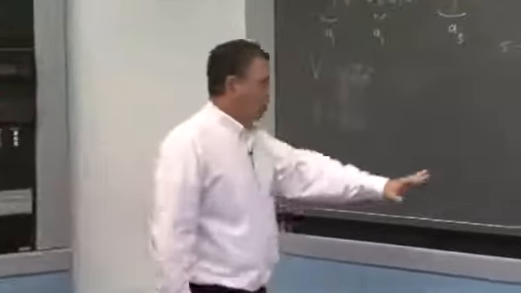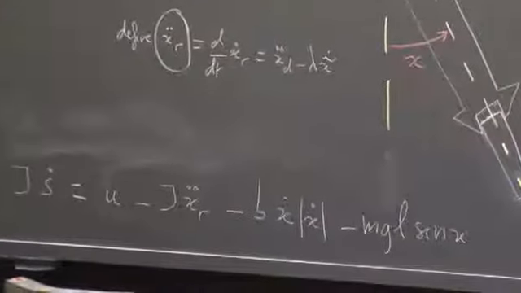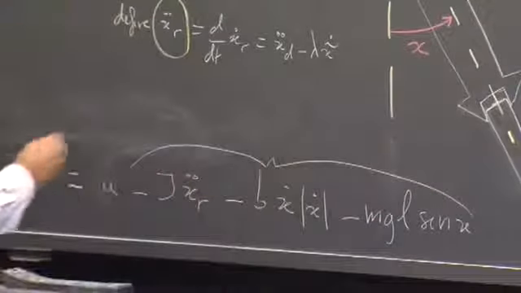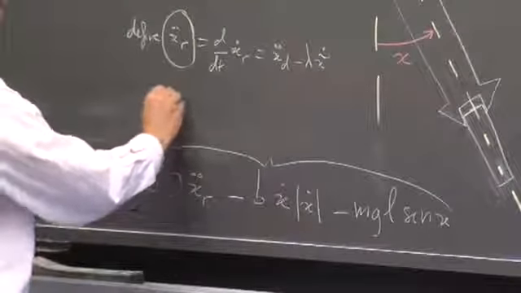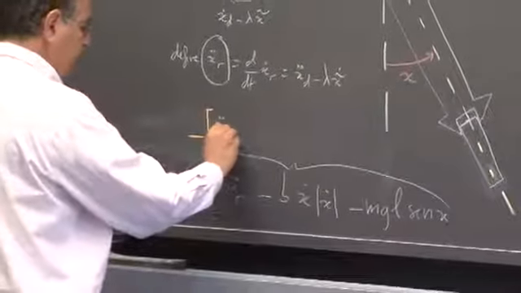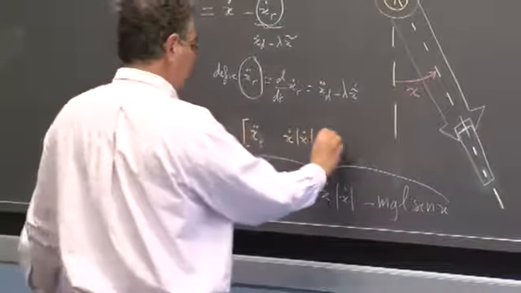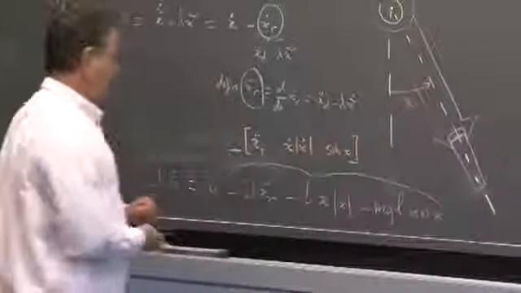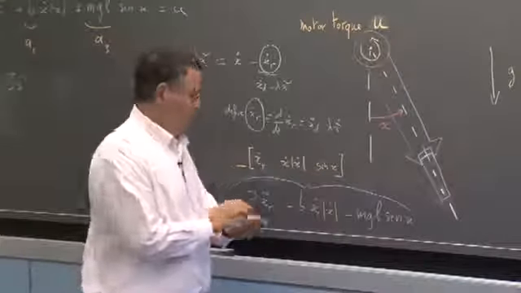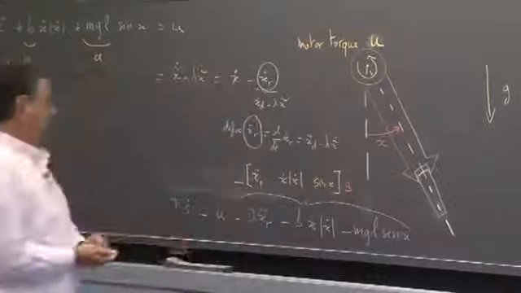So we see that this whole quantity here can be written as minus a bunch of known time varying and state dependent quantities, x double dot r, x dot absolute value of x dot, sine x, times J, B, and MGL, which is precisely what we called the vector A. Okay?